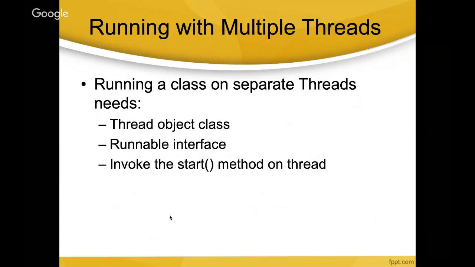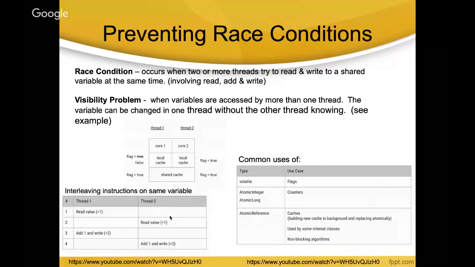Okay, preventing race conditions. A race condition occurs when two or more threads are trying to read and write to a shared variable at the same time, okay? Let's look down here in this part where there are interleaving instructions.